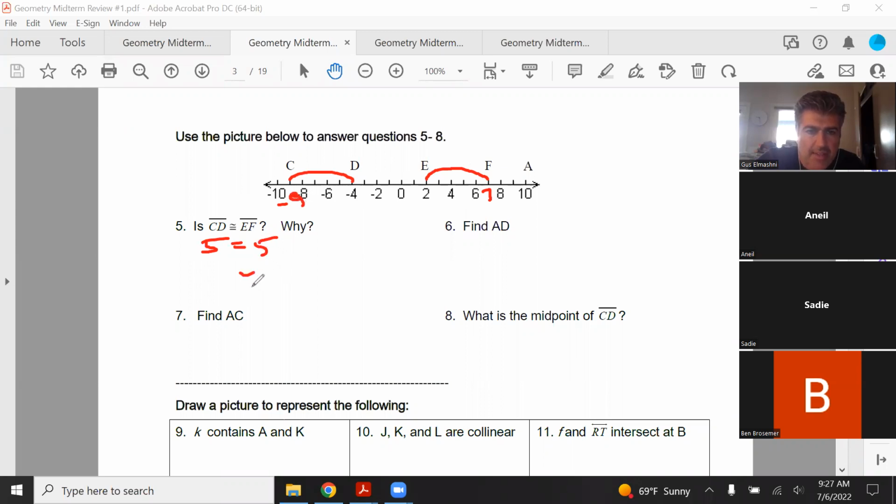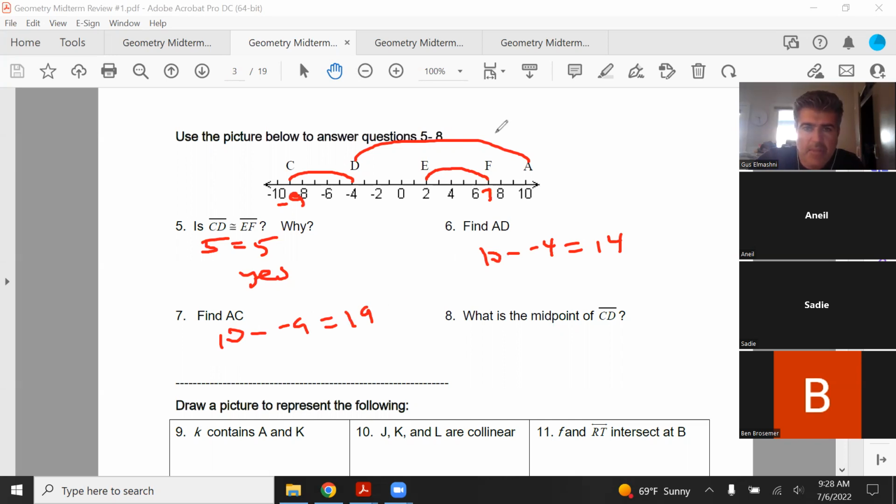So yeah. Why? Because they both equal 5. That's kind of strange. AD is 10 minus -4, so that's 14. AC will be 10 minus -9, which is 19. So hopefully those make sense.